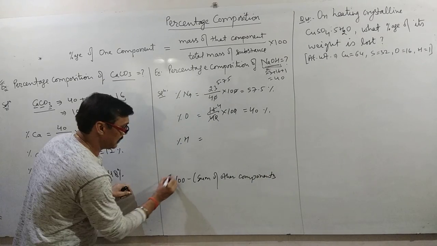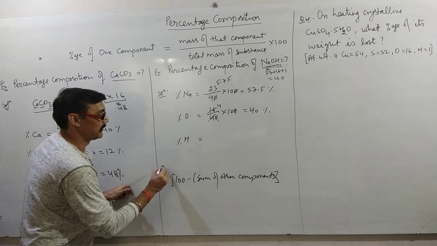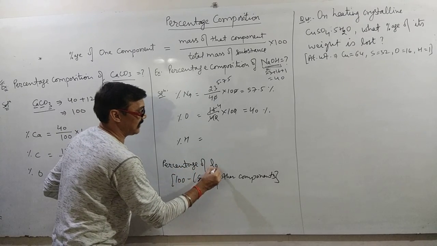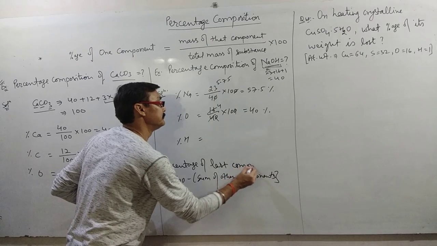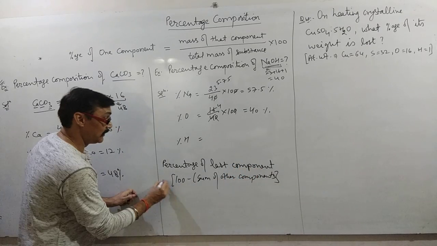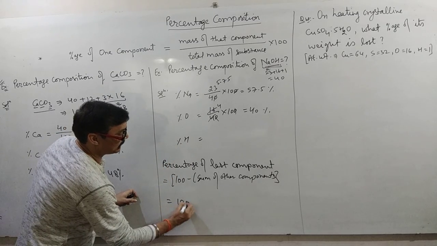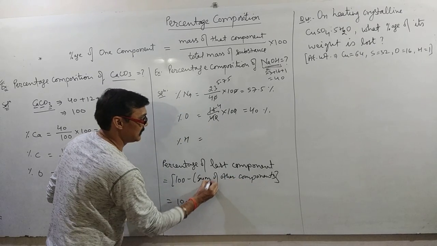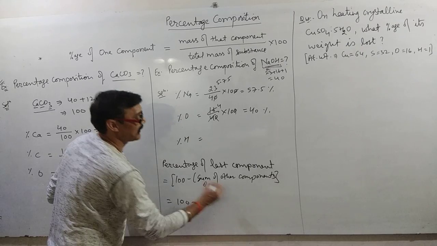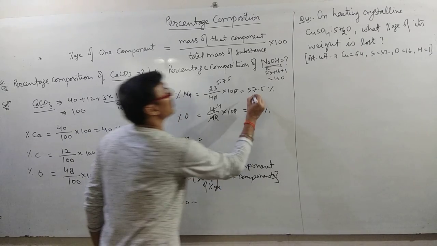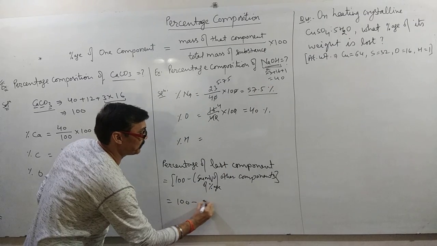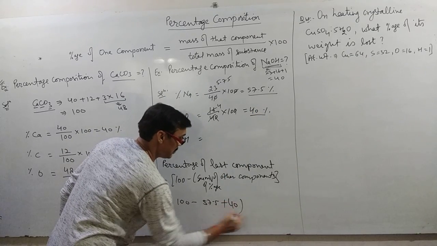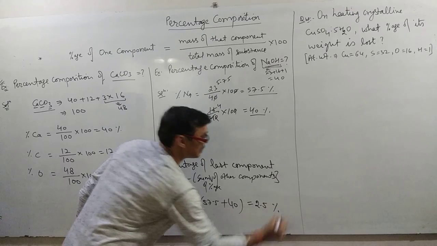The other components are sodium 57.5% plus oxygen 40%, so hydrogen is 2.5%.